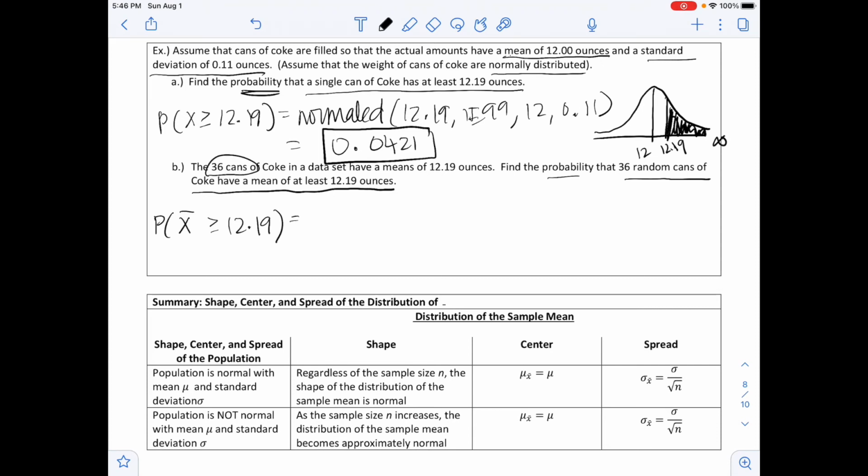We have 36 cans of Coke, and we're going to use normal CDF. The lower bound is 12.19, the upper bound goes on forever, 1E99, the mean is still 12, and the standard deviation is 0.11 all divided by the square root of 36, or just 6.